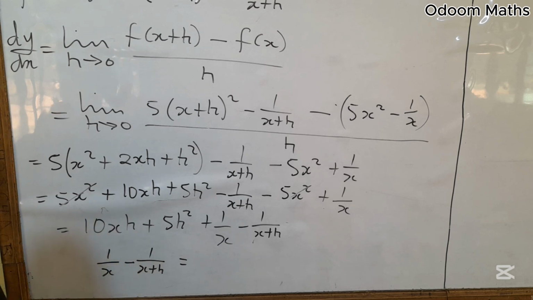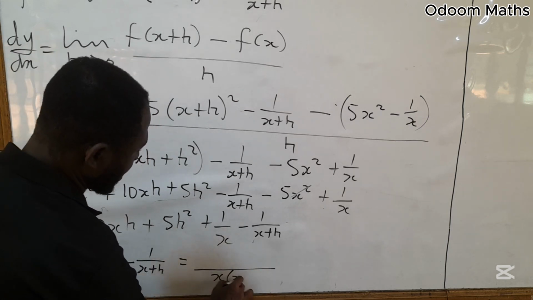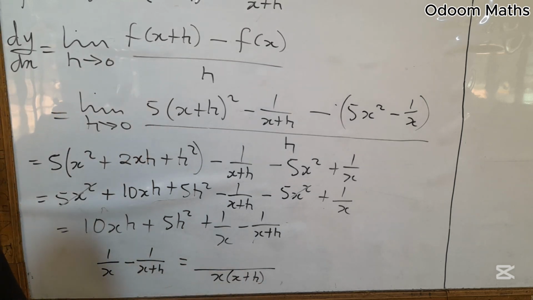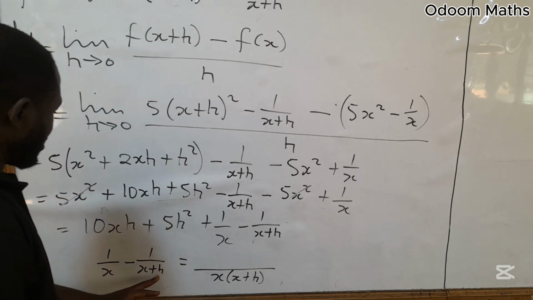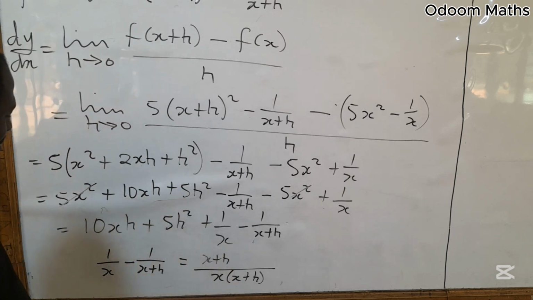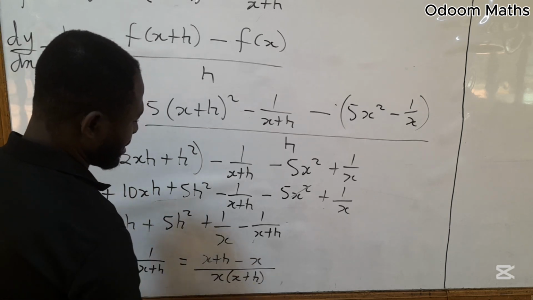So 1 over x minus 1 over x plus h. The LCM is x into brackets x plus h. This will cancel this one, so this will be x plus h, then minus this will cancel x plus h, so we'll get x minus x.